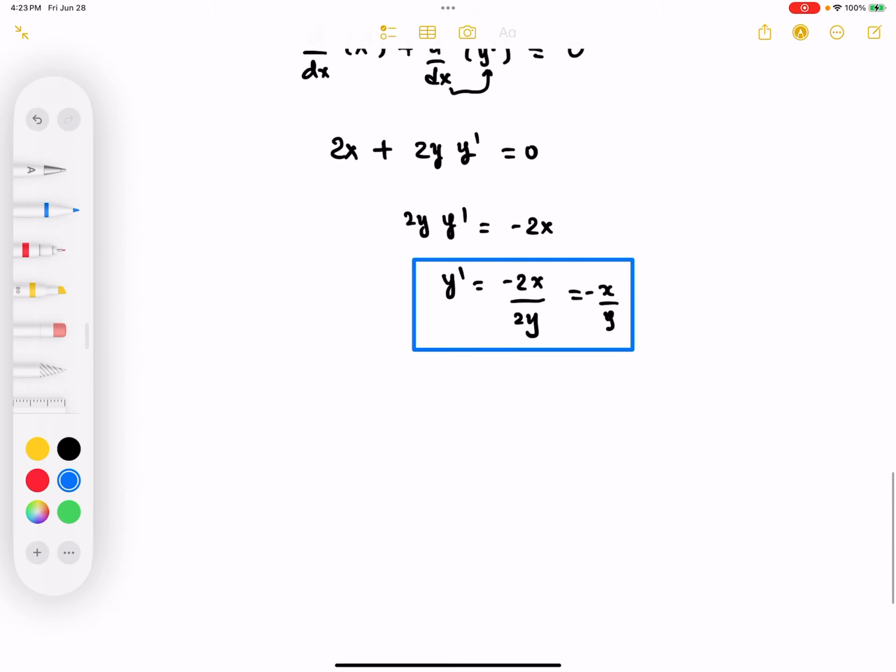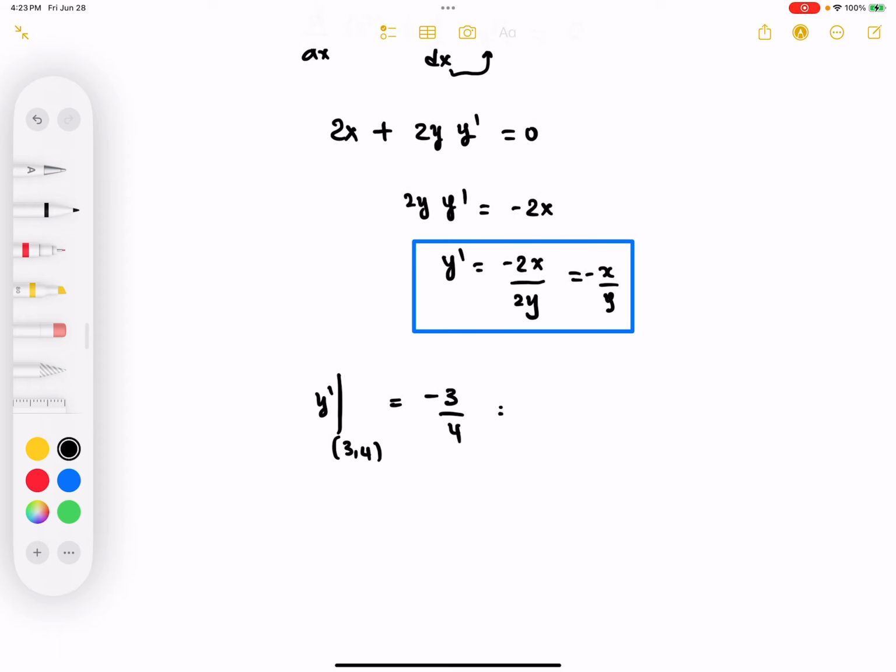Now, the question is to find the slope at the 2 points. The first one is y prime at 3, 4. When x is 3 and y is 4, I substitute to get minus 3 over 4, which is negative 3 over 4.